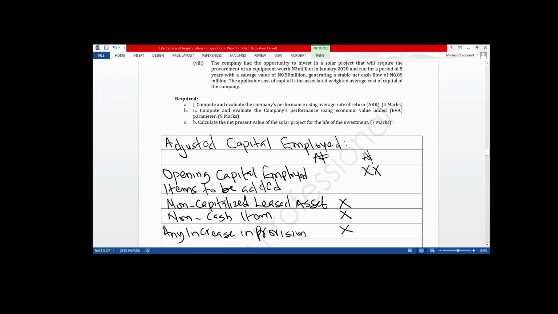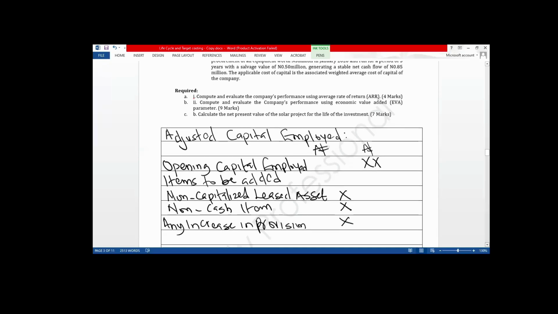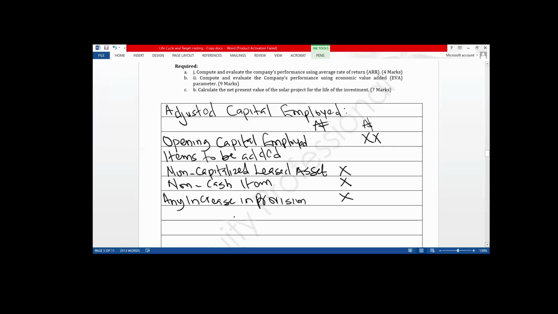This should be added. All these three items will be added, and one, two, three give you this figure.